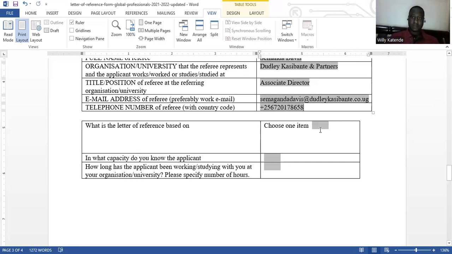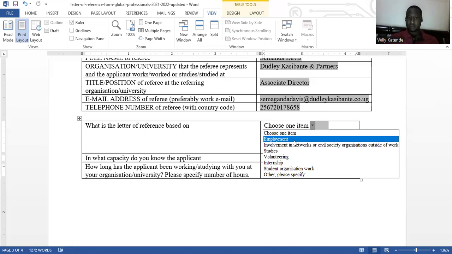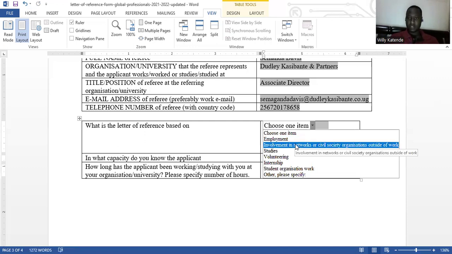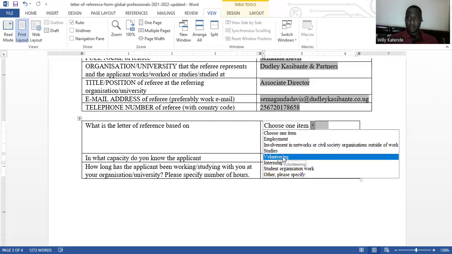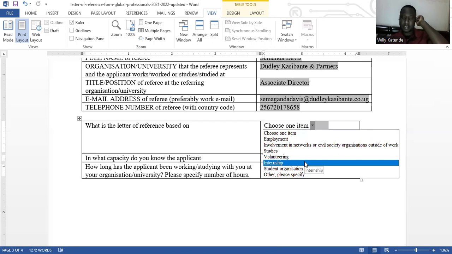What is the letter of reference based on? You have to choose one from here. Is it employment? Is it involvement in networks or civil society organizations outside of regular work? Is it studies at the university? Is it voluntary work? Are you a volunteer in any NGO? Is it internship? Did you do an internship in a certain organization, maybe an NGO or somewhere in a professional or corporate company?